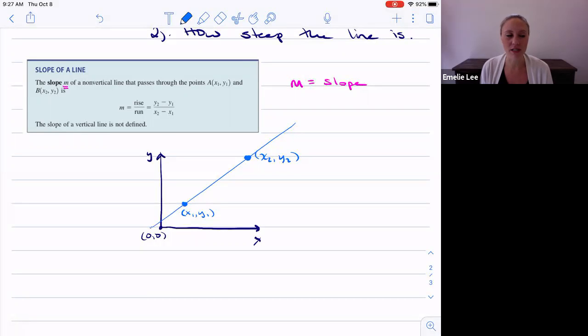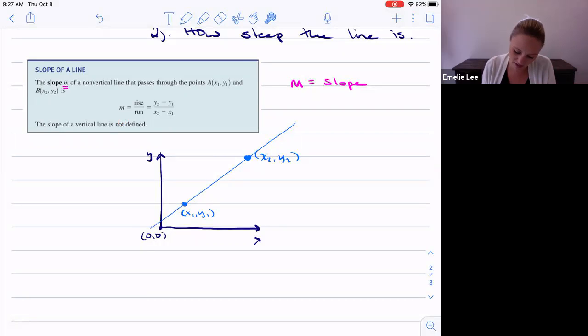What we want to figure out is, what's the slope of this line? Notice that the slope of the line is going to be the same regardless of which 2 points we use. Even if this point was moved closer here, the slope is the same. The slope is the rise over run, but what does that mean?